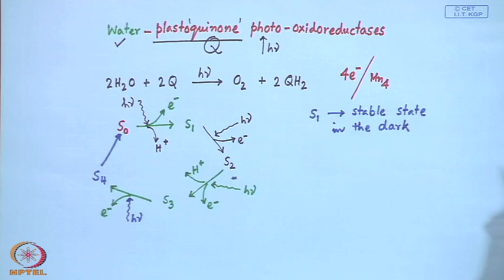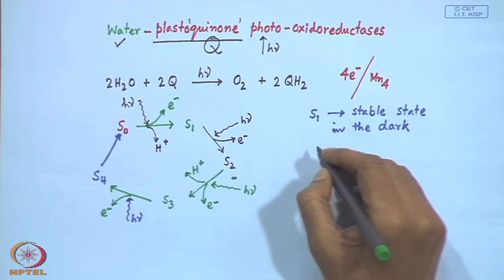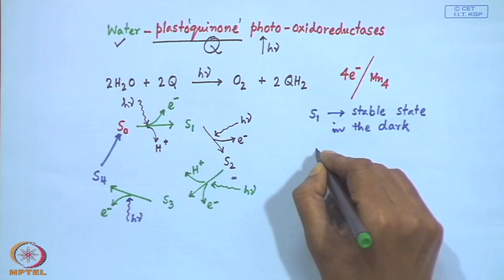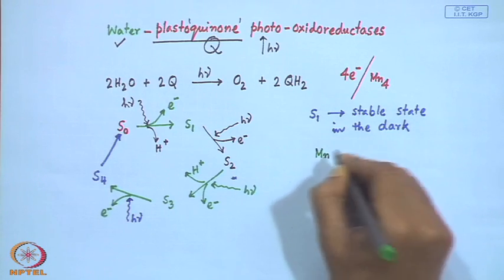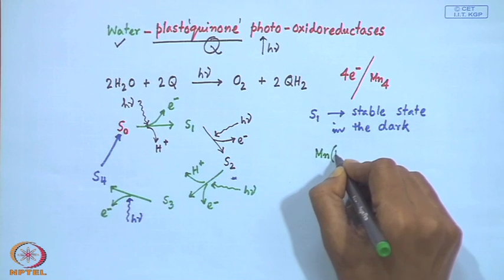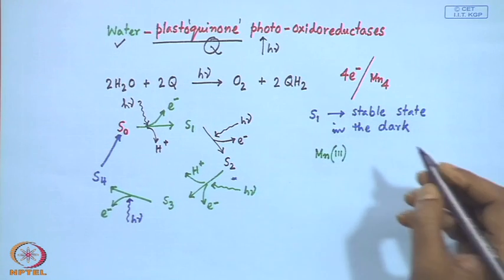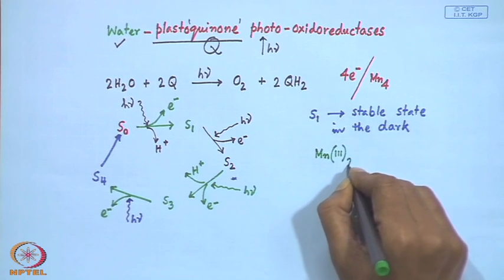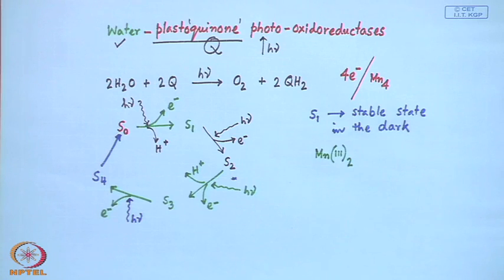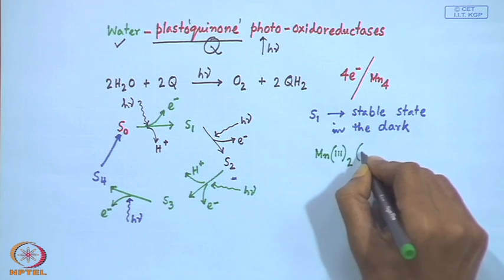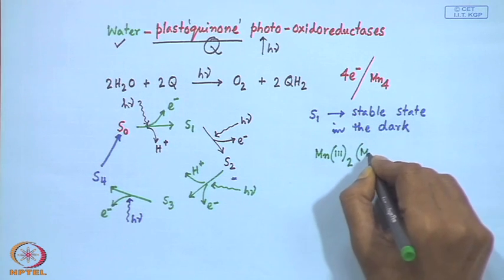in the dark. And since it is stable, it is very easy to identify the corresponding oxidation state of the manganese. This particular one has been identified as a manganese 3,4 complex, where you have 2 of the manganese centers in the trivalent state and the other 2 in the tetravalent state.